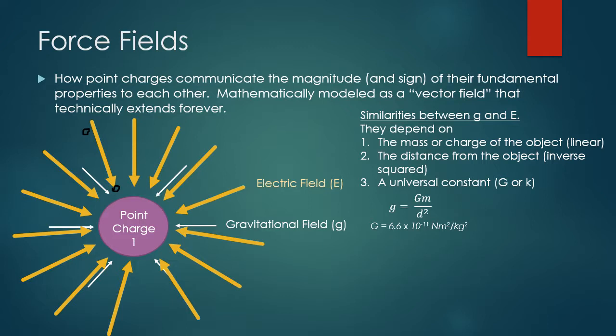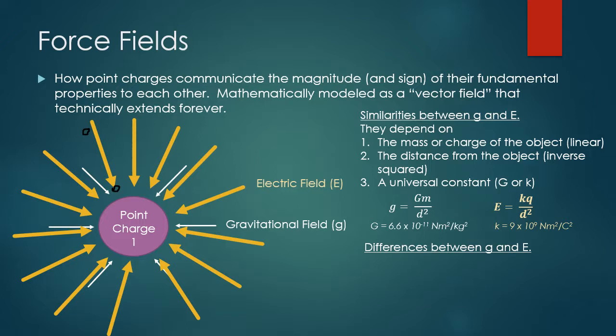The new equation for the electric field strength looks exactly the same with slightly different variables. So E, electric field strength, is equal to k times Q, which is the charge of the point charge, divided by distance squared. And Coulomb's constant is equal to 9 times 10 to the 9th Newton meter squared per Coulomb squared.